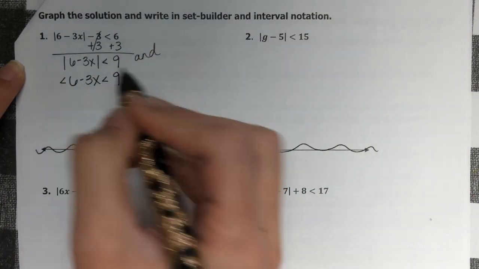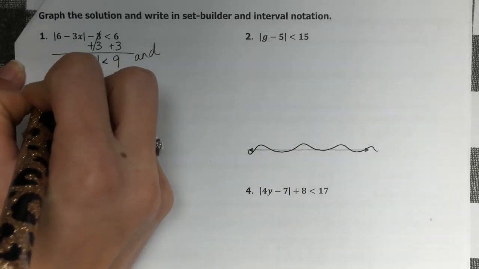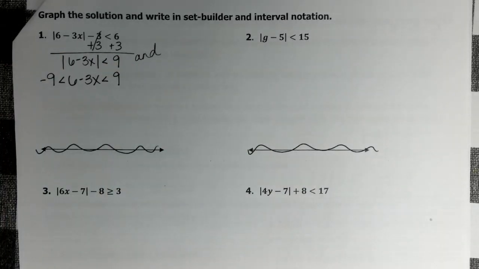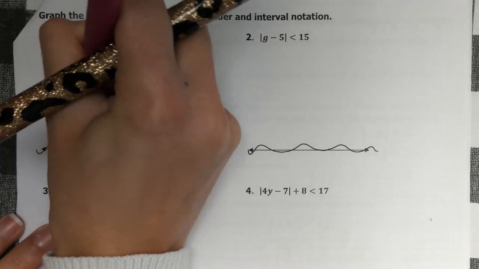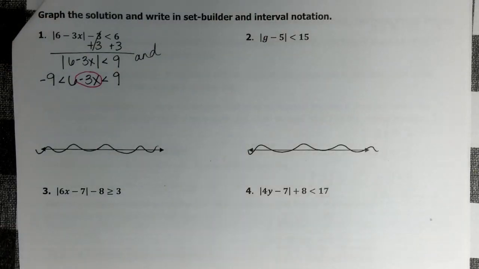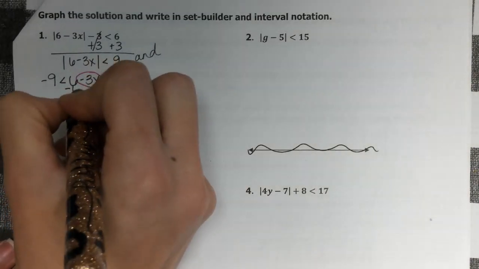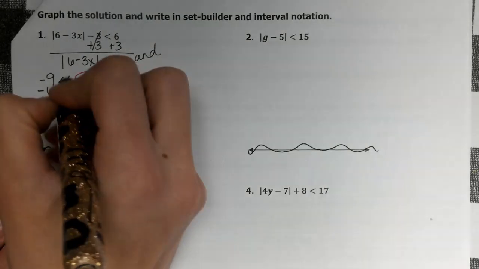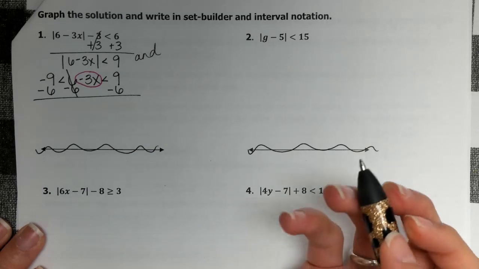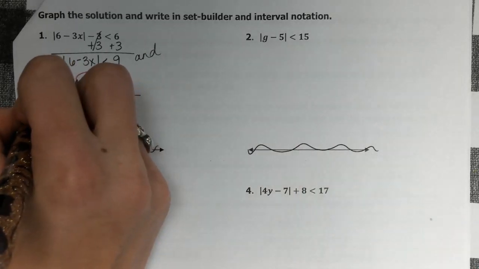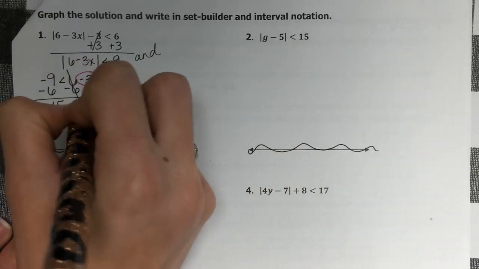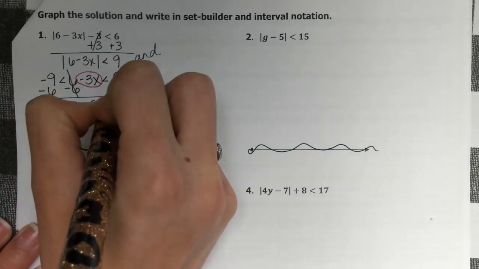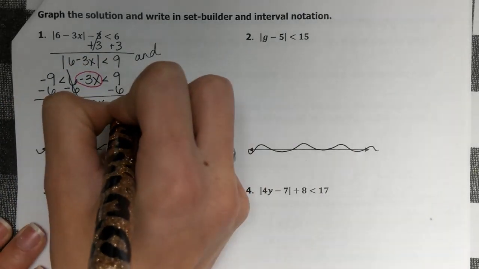What goes on the left? Negative 9. And then I solve it. I want my negative 3x by itself in the middle. So I'm working inside out. Subtract your 6. Negative 9 minus 6 gives me negative 15, less than negative 3x, less than 9 minus 6 is 3.